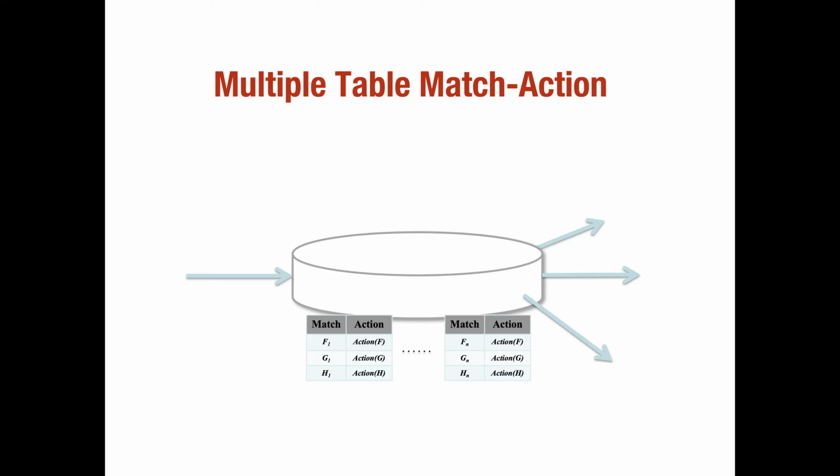So let's think about it more logically. I was talking about 5 tuples, right? And if we have this 5 tuple abstraction, or if we want to express policies that match on any combination of these 5 tuples, and if I just have one table, then let's reason about what maximum number of rules I will require in the worst case.